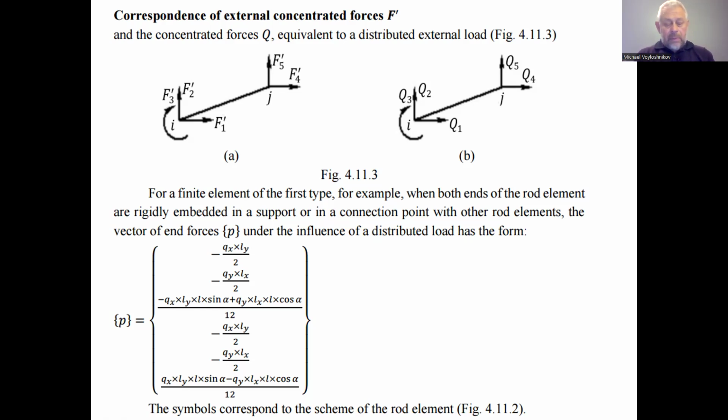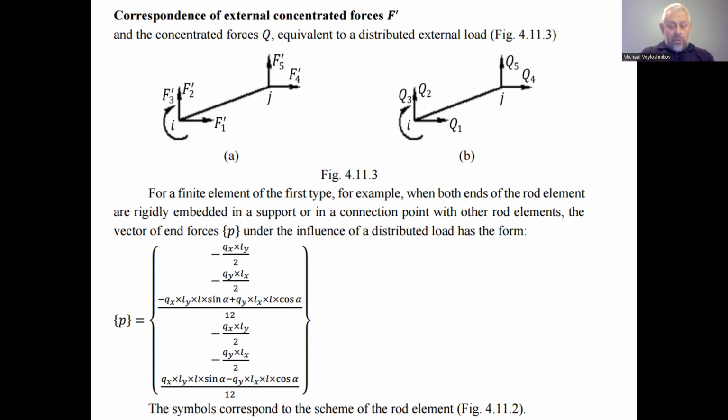And what are the components of the concentrated load to which we reduce the distributed load action in all 4 elements of the mechanical system? We have reduced to 5 components applied to the second and the third node of the mechanical system. That is the nodes between which is the finite element number 2.